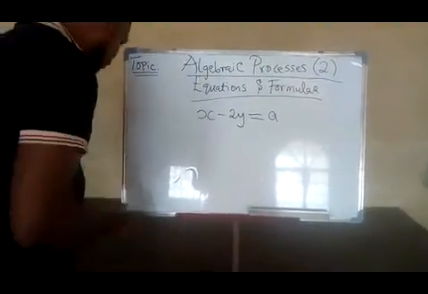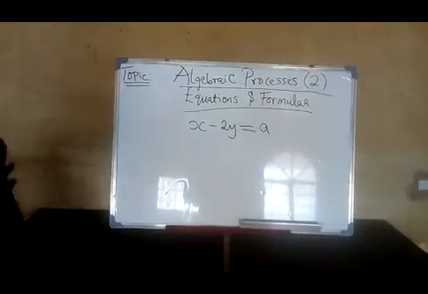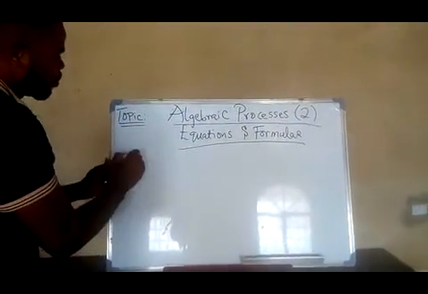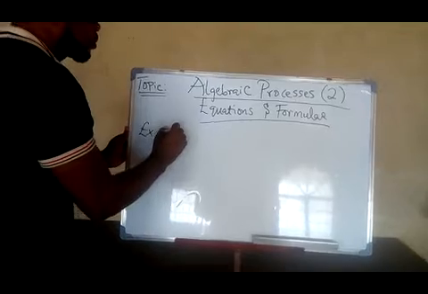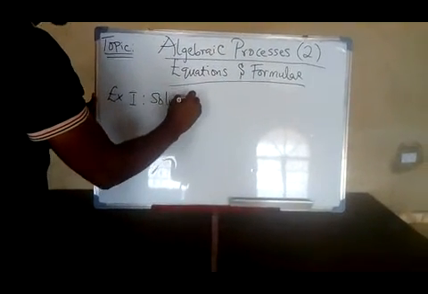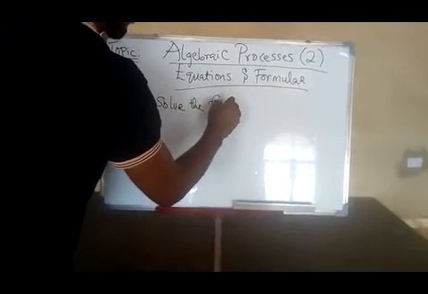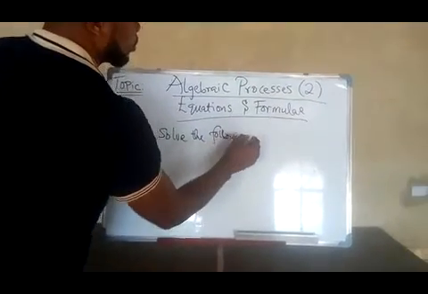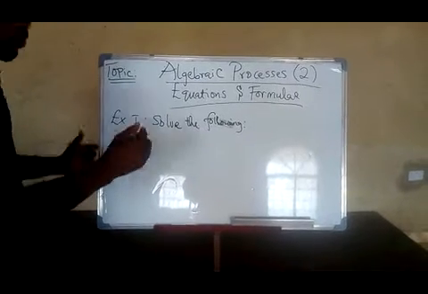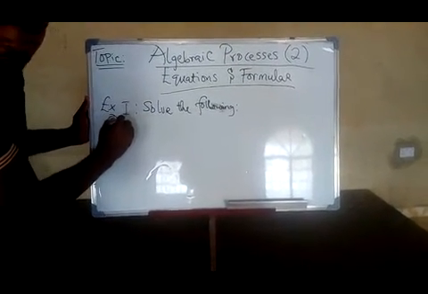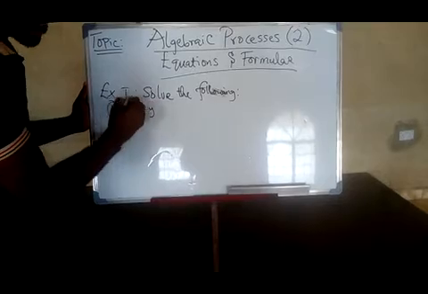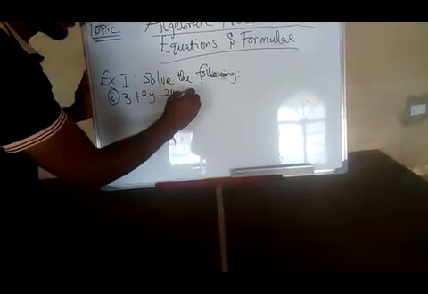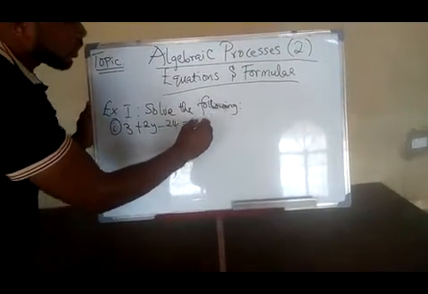Let us solve the following equations. Sorry, I will be very fast for the sake of time. Example 1, we are going to be trying to solve 3 plus 2y minus 24 equals 14 minus 3y.